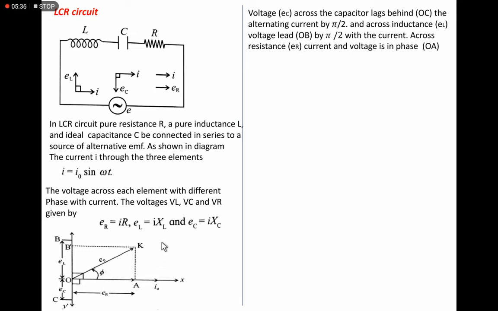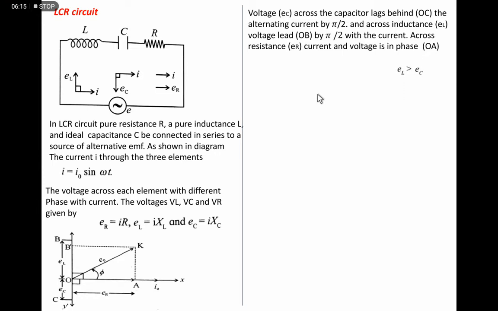E naught is the peak EMF or the maximum EMF generated in the series LCR circuit, or the resultant EMF in the LCR circuit, and it is denoted by the vector OK. This vector rotates in the anti-clockwise direction in the phasor diagram. So using this phasor diagram, we will explain how current and EMF are related in the LCR circuit.